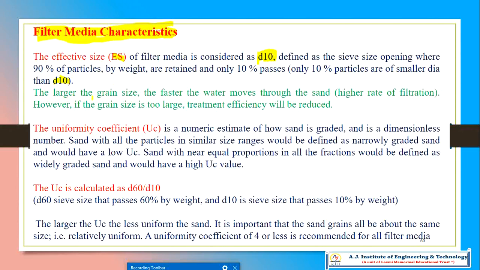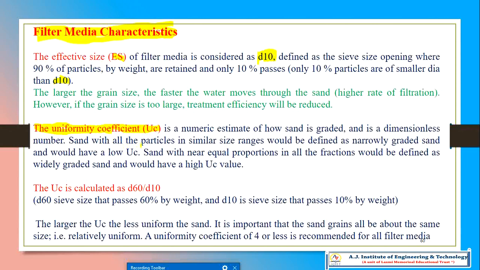The larger the grain size, the faster the water moves through the sand, the higher the rate of filtration. However, if the grain size is too large, treatment efficiency will be reduced, as I explained. And the uniformity coefficient, UC, is another characteristic of the filter media. It is a numeric estimate of how sand is graded, and it is a dimensionless number.